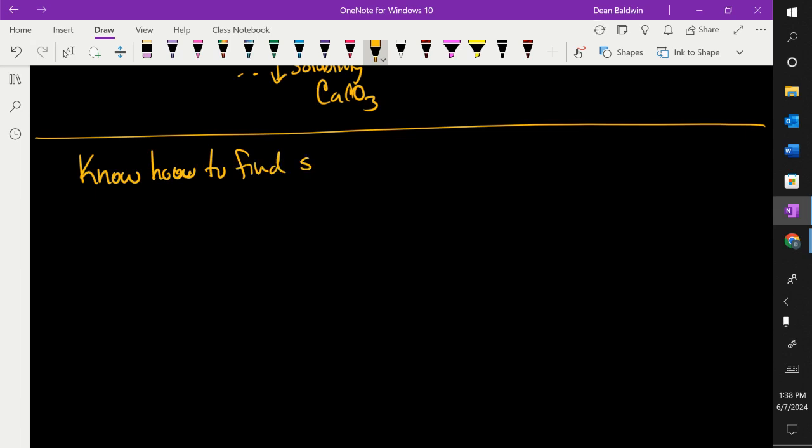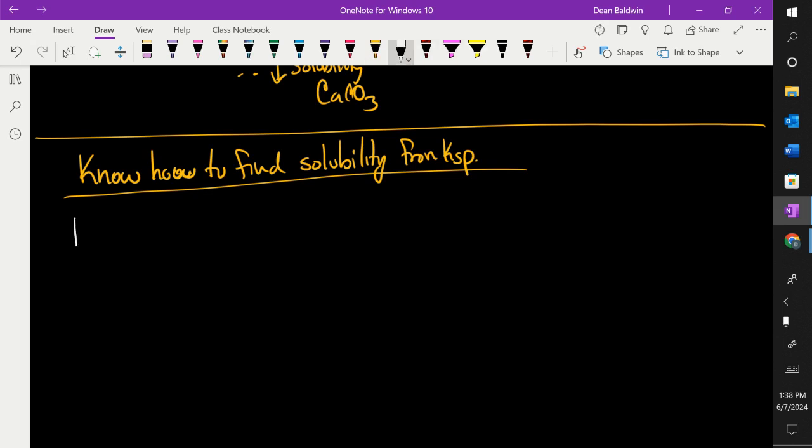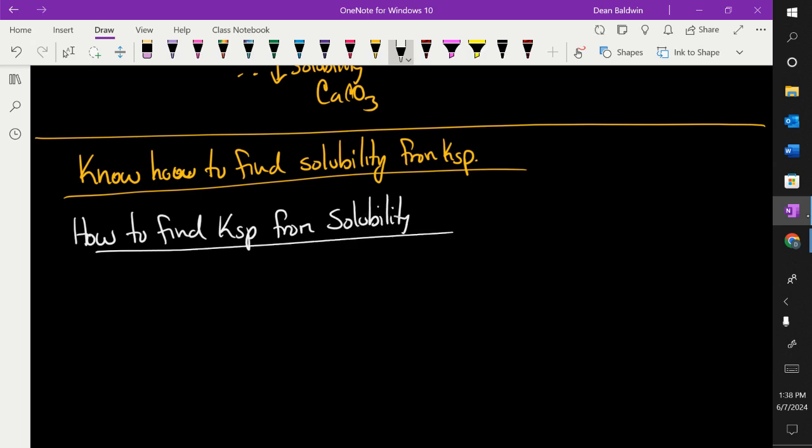That's a pretty standard question. The other is how to find the Ksp from solubility. That's what we'll do right now.